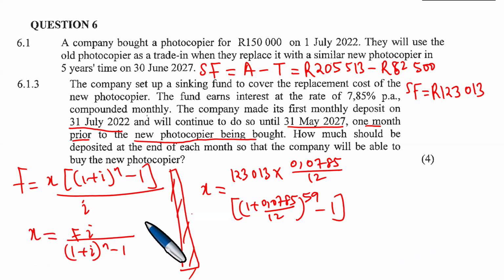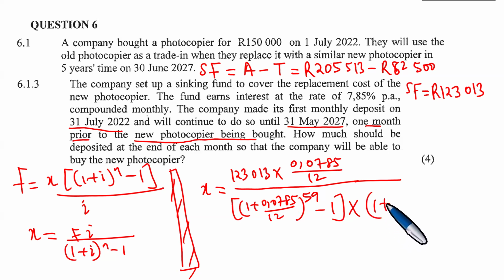Okay, check this out. Because of the 1 month prior, it's going to actually be compound interest for 1 month. Because now to take it to the 60th period, it's going to be 0.0785 divided by 12, like that. So this one is going to be like our P.